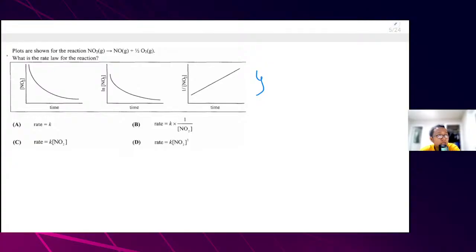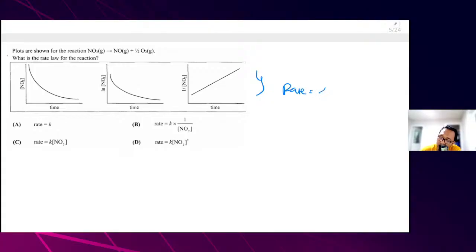We see different types of graphs over here that show how the concentration of NO2 changes over time. To understand this one, we need to know the rate law.